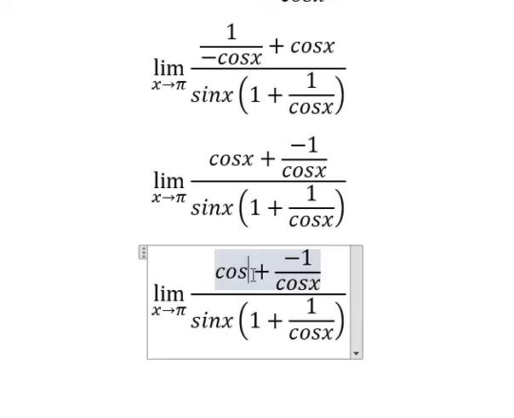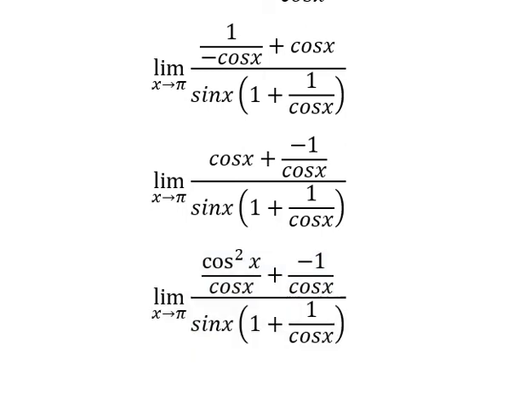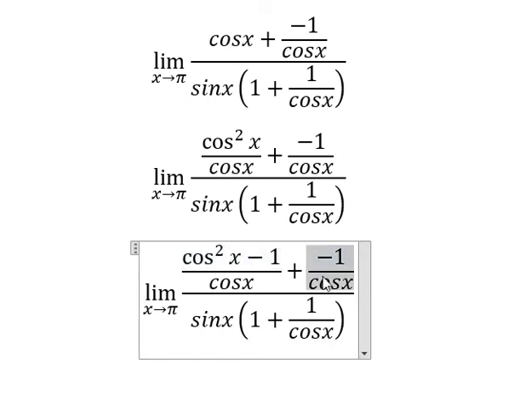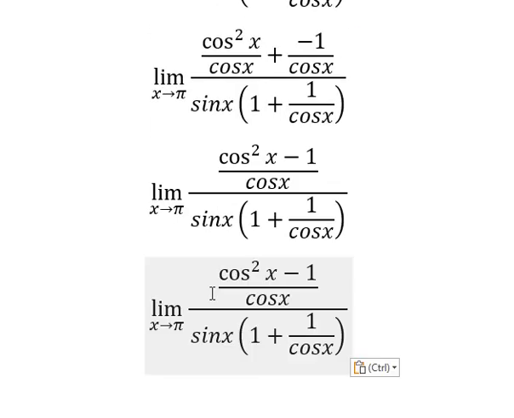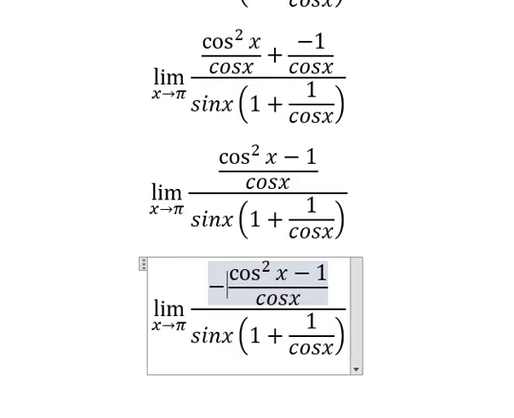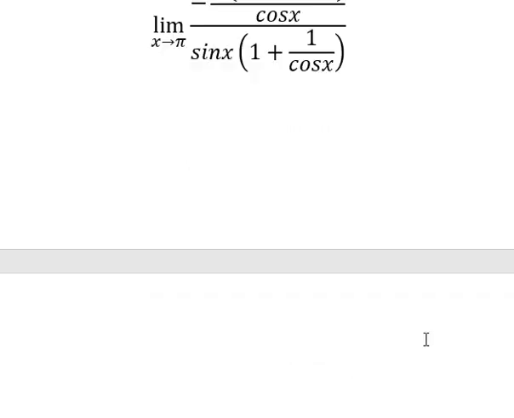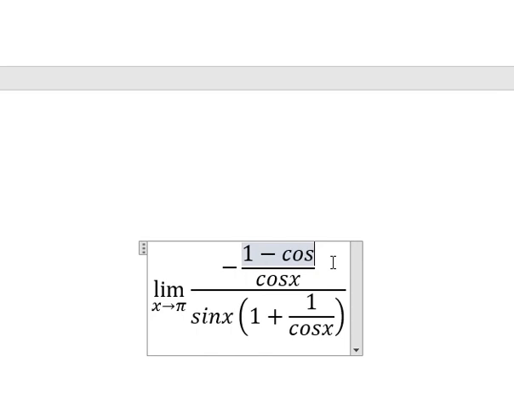So we have cosine S squared over cosine S. So I will put negative number 1 go to the left. Next, I will put the negative in here and here. So we need to change the sign of this one, and we have 1 minus cosine S squared.